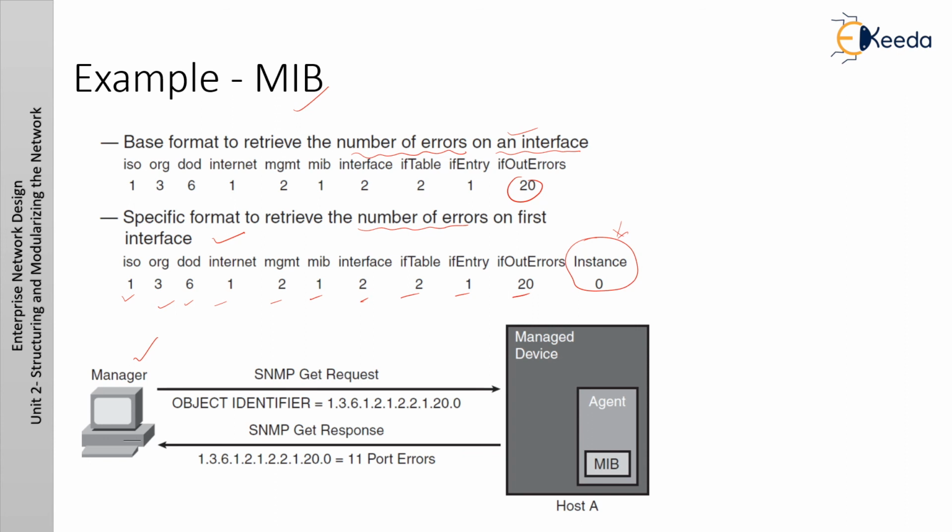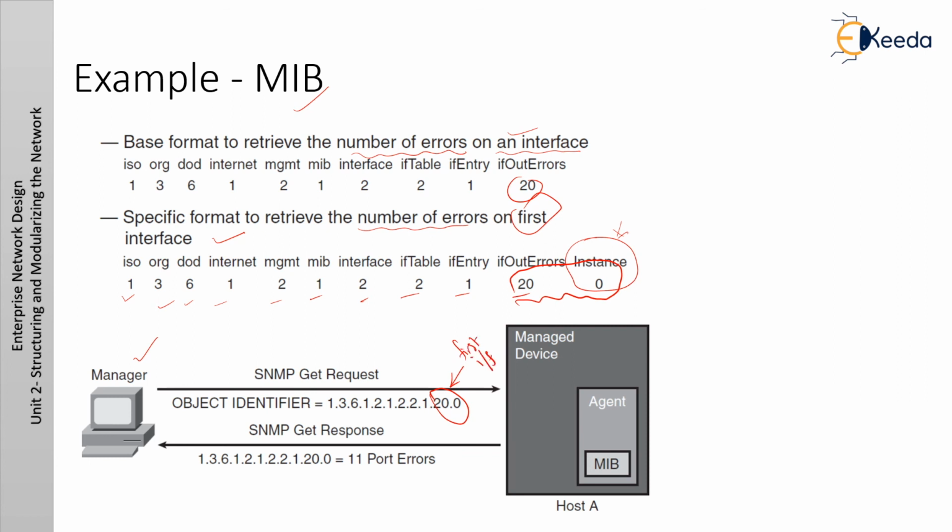Okay, here the instance is not present, otherwise everything is there. So in this example, the network manager wants to retrieve the number of errors on the first interface. How do you come to know? Because in the case of the first interface, 20.0 is written. Okay, so this 20.0 shows the first interface.